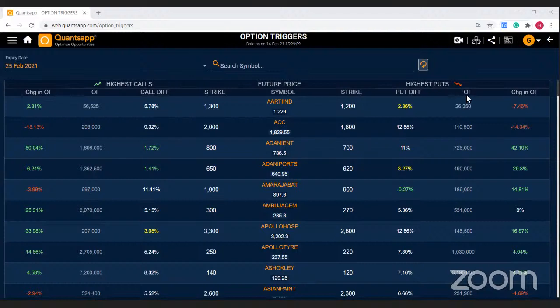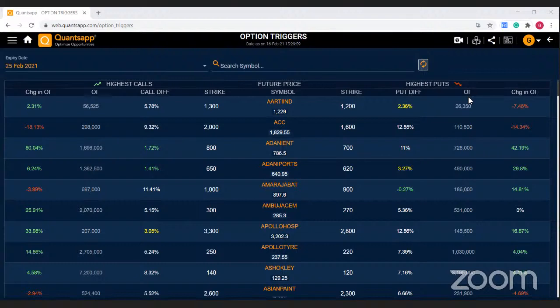So for example, if a particular stock is at 100 and the highest call is at 101, let's take an example, and I want to see how the call writers and the put writers are doing at that particular point.